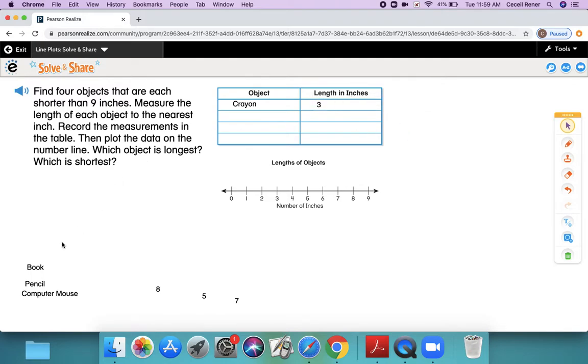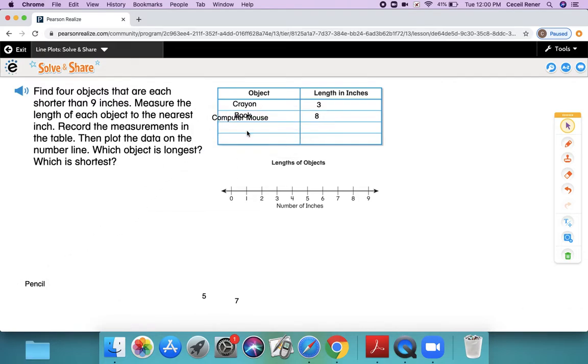Then I found a book. I'm going to put my book there, and my book was 8 inches long. I like to line that up a little. The next object I found that was less than 9 inches was a computer mouse.